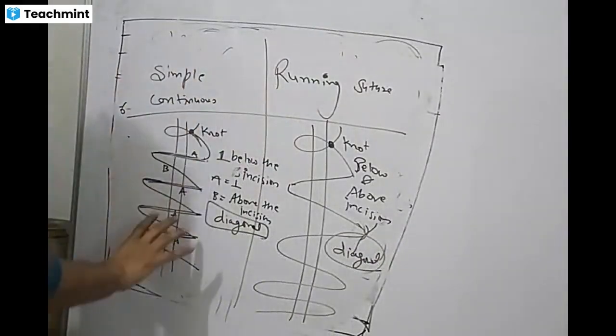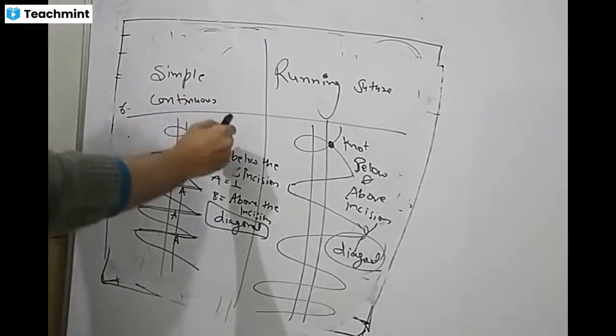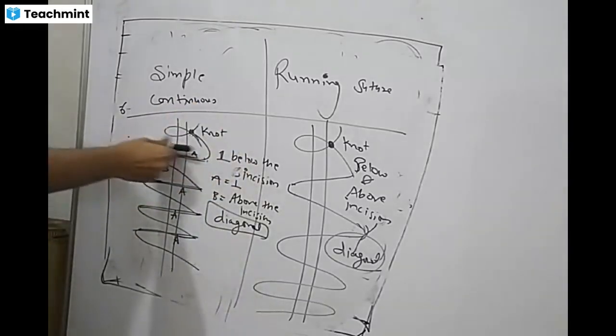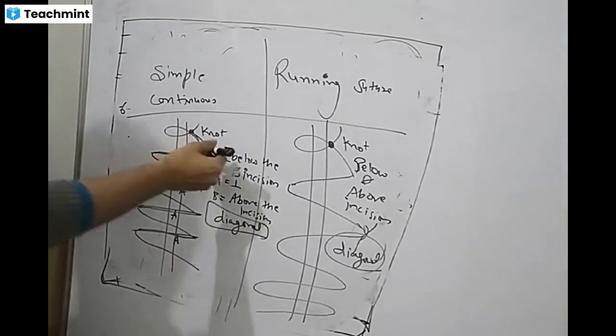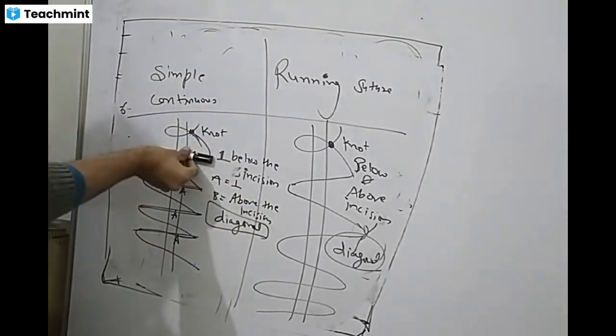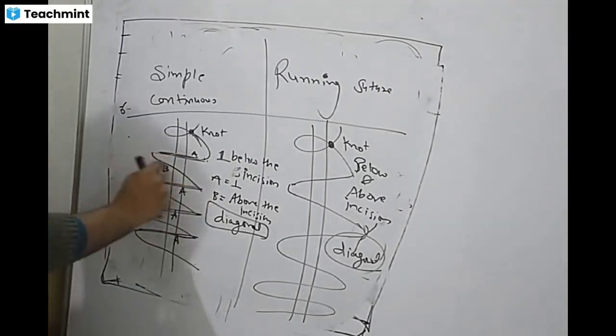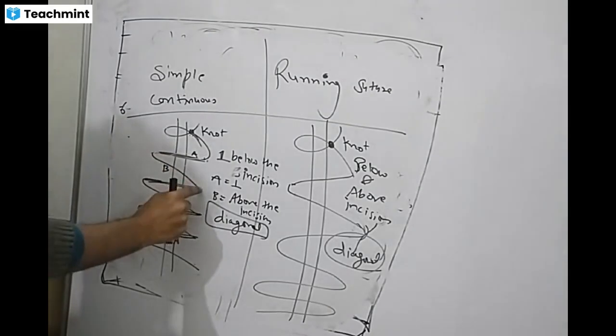In simple continuous, first we apply a knot, then if we come from this side to this side below the incision, it is perpendicular. If we come from this side to this side, it is diagonal and it is above the incision.